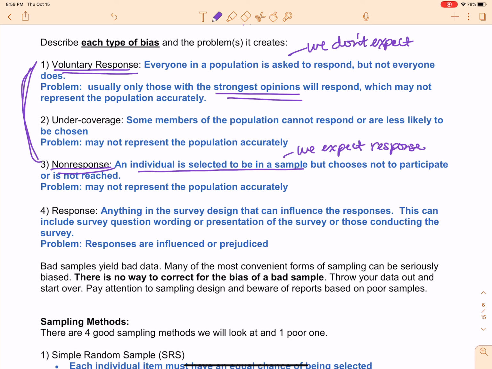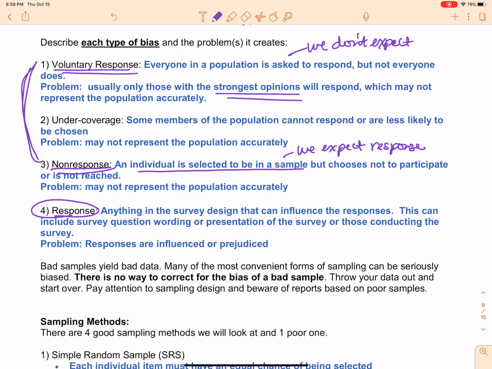It's an expectation thing. All right, the last one is response bias. Response covers a very broad array of different ways that bias can occur. So response can be anything in the design of the survey, who's administering it, how the questions are constructed, anything like that that can somehow sway the responses in some way.